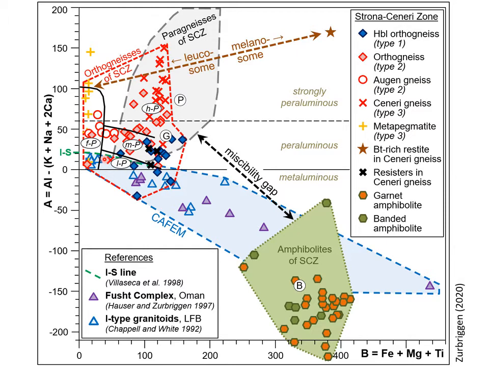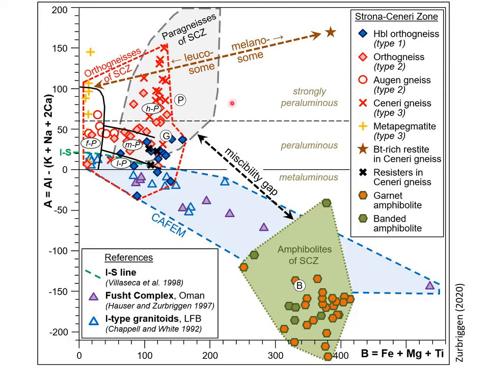If we look at the orthogneisses in the pre-Mesozoic basement units, especially in the Strona-Ceneri zone, we see that they plot in this red field here. And as I said before, they are intermediate to felsic, and mafic end members are almost lacking completely. So this must be a different type of magmatism, which is not fully evolving by fractionated crystallization from basaltic source rocks.